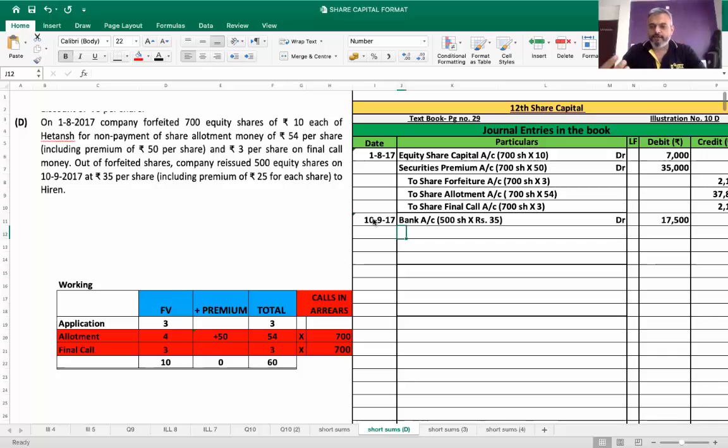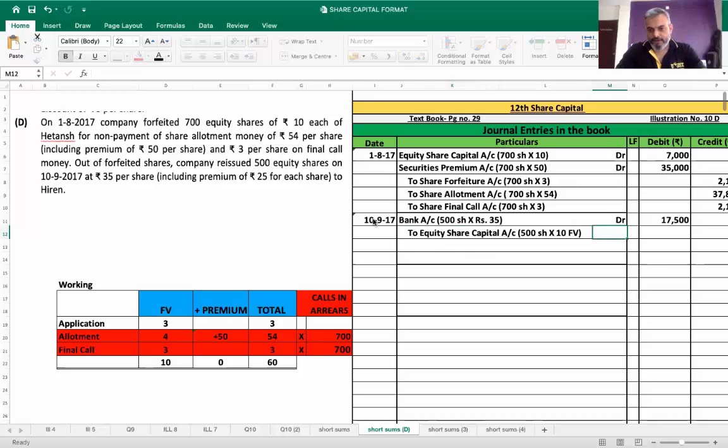Now over here there is no discount at all. So pay attention, please, to equity share capital account. Capital always with the face value into 10, which is the face value.